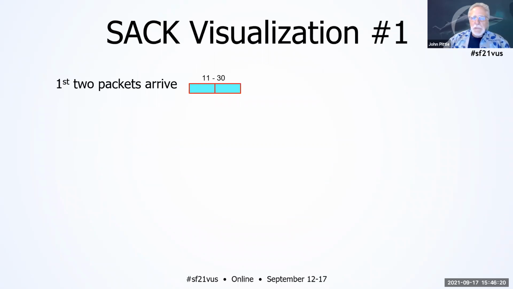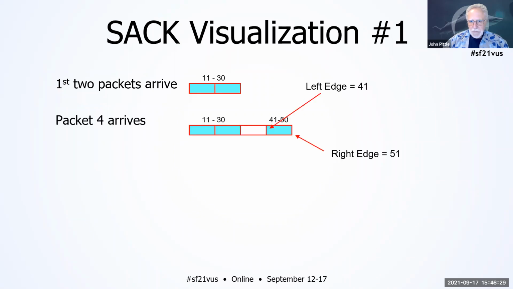What might this look like if you were to diagram it out? The first 2 packets arrive with stream bytes 11 through 30. We're ready for 31. But instead of getting the stream bytes starting at sequence 31, we get stream bytes starting at sequence 41. So now we've got an out of sequence condition.